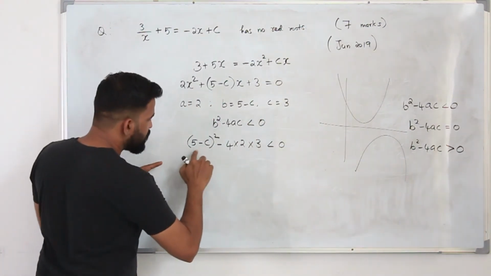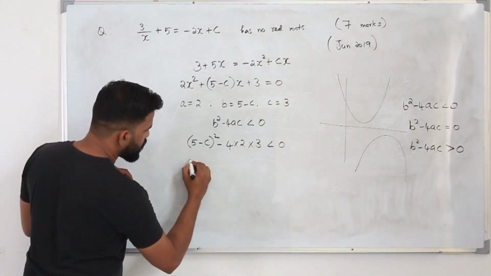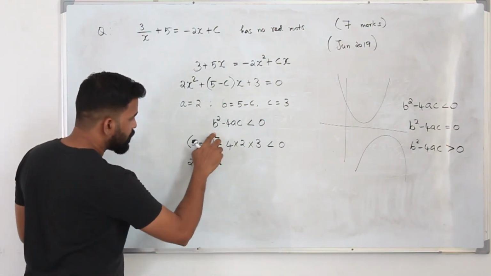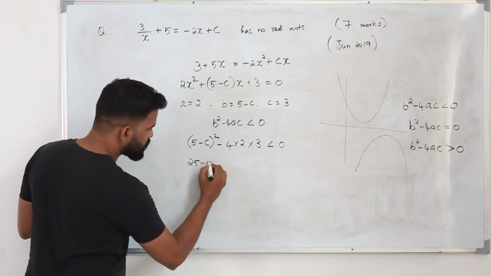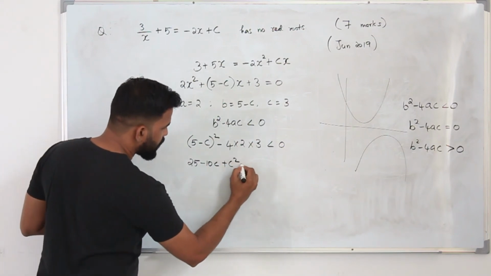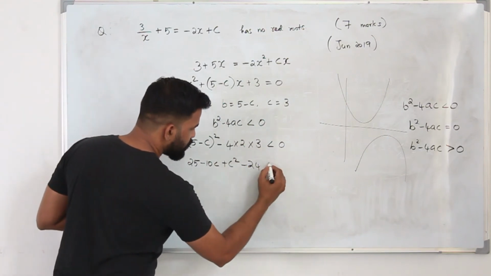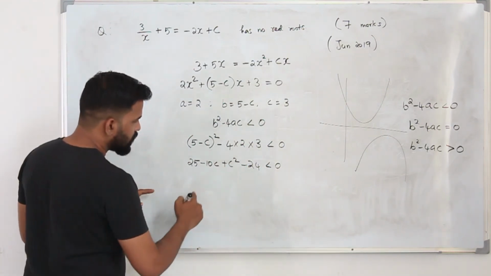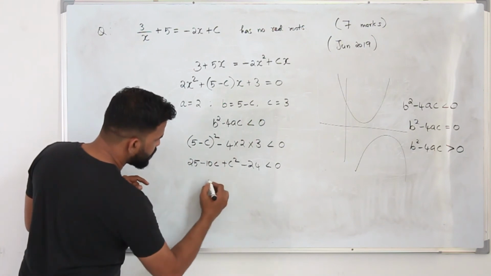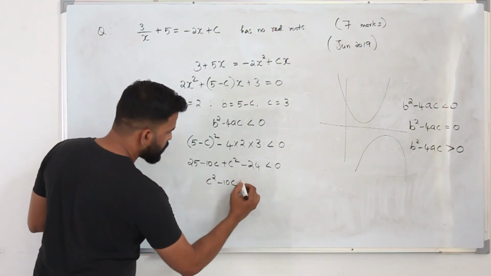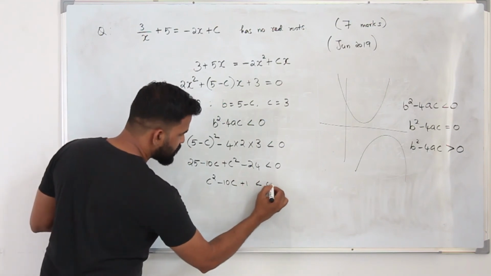Now when you expand this, it becomes 25 minus 2ab, using the algebraic identity, a minus b whole square. Which is minus 10c, plus c square, minus 4 times 3, 2 times 3 is 24, less than 0. Or when you simplify this, you get c square minus 10c plus 1 less than 0.